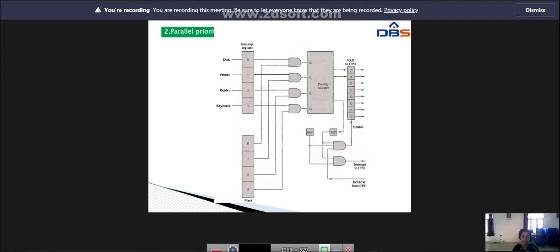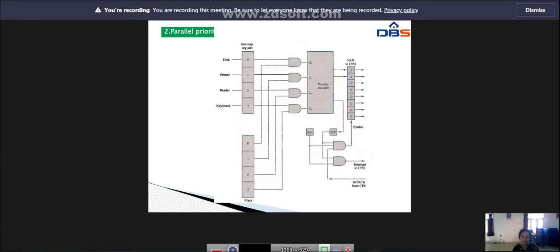Each interrupt bit and its corresponding mask bit are applied to an AND gate to produce the inputs.